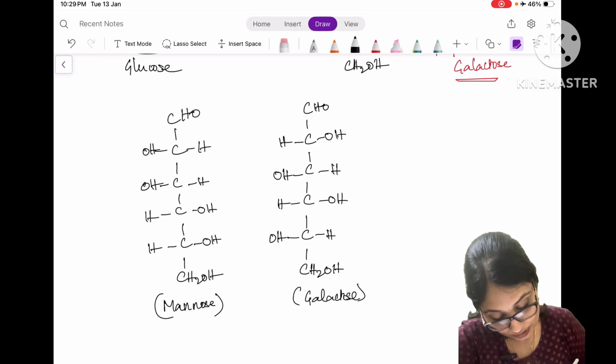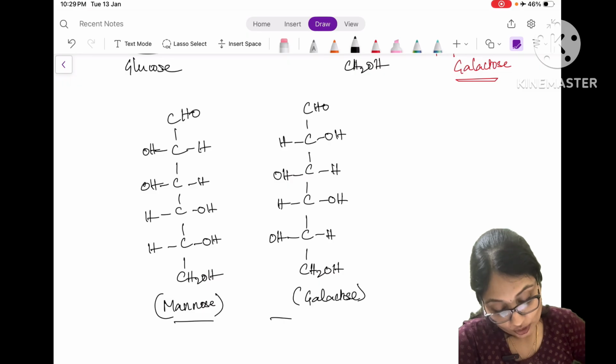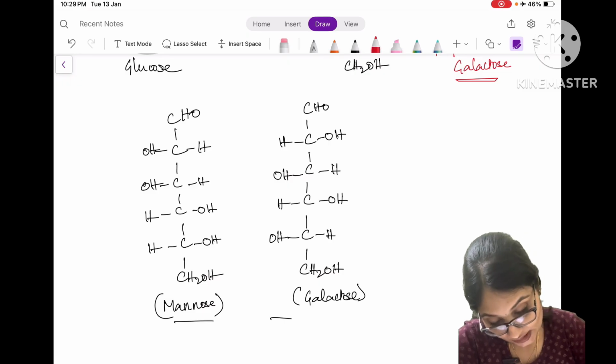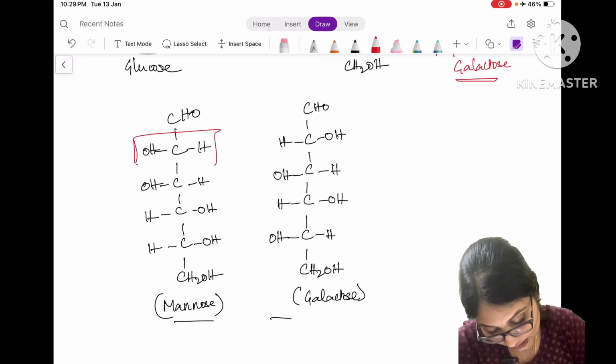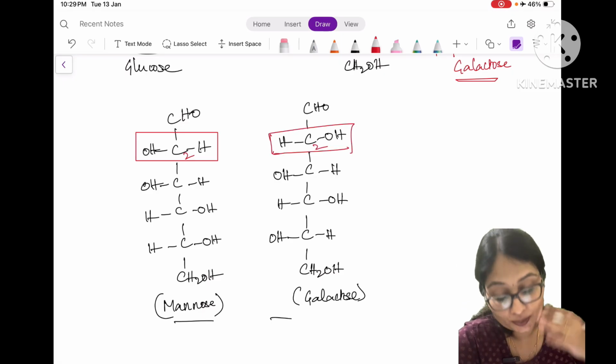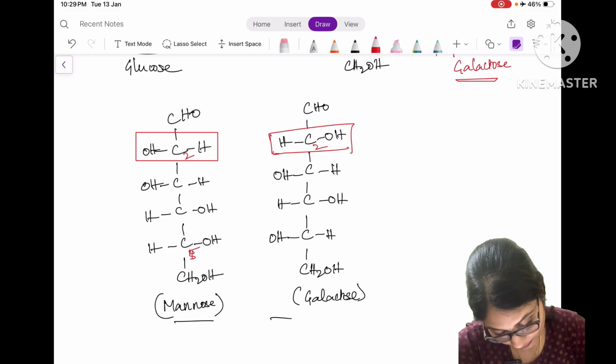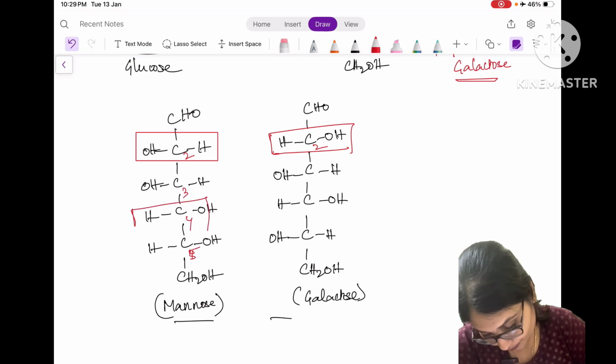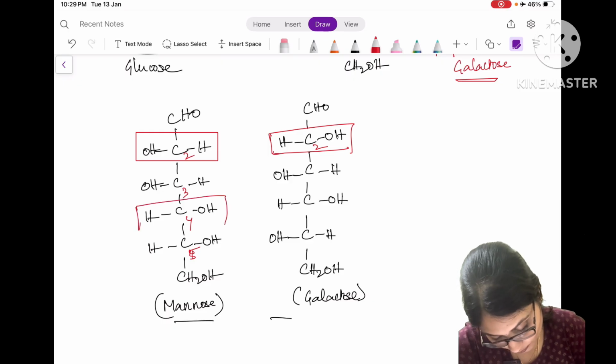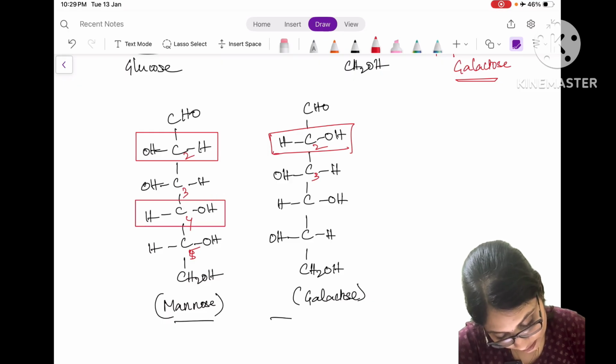So how do these two differ from each other? Between these two, we can see that with regard to C2, there is a difference in H and OH orientation, and with regard to C4, sorry, this is C5, this is C3 and this is C4. With regard to C4, there is one more difference, right?